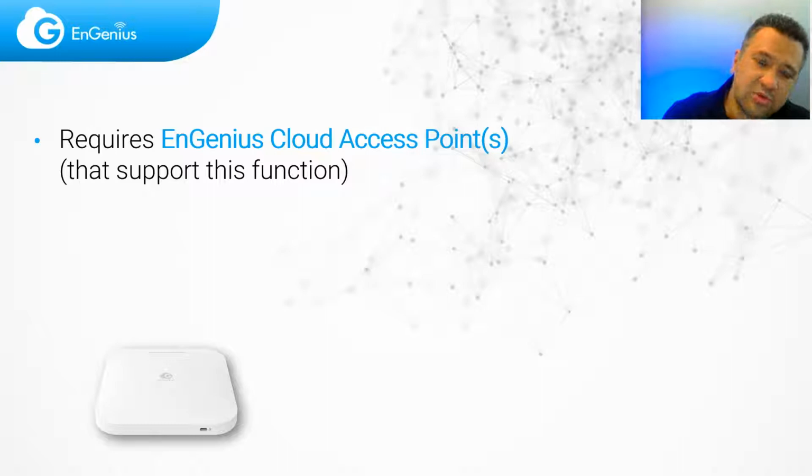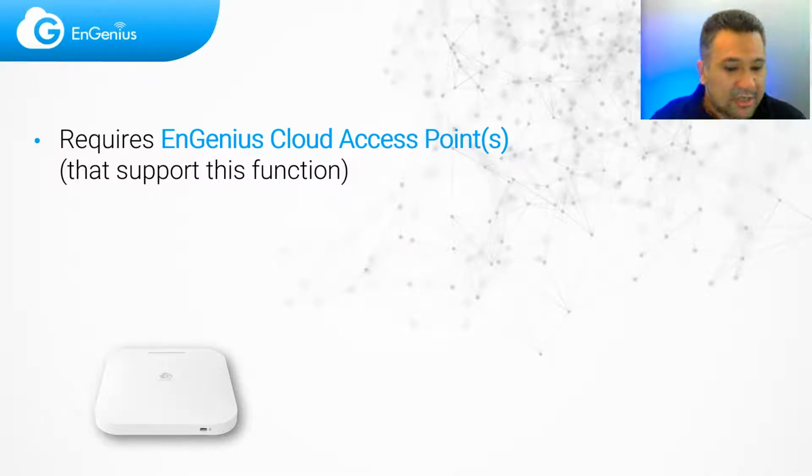And at this moment, we are the first one and the only one that supports also Instagram on this platform, Facebook Wi-Fi. So if you want to add the functionality for Instagram login, at this moment, you can only select the EnGenius Cloud Access Points. All EnGenius Cloud Access Points do support the Facebook Wi-Fi function.